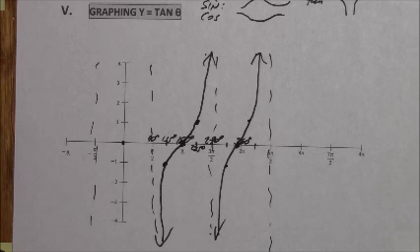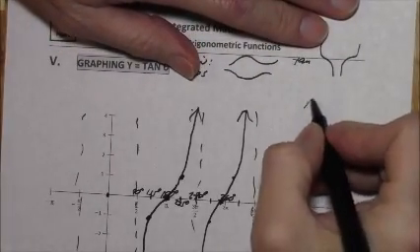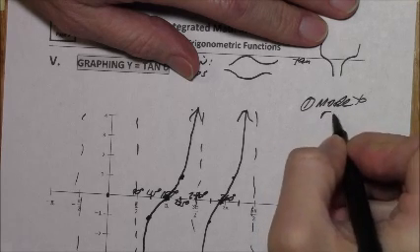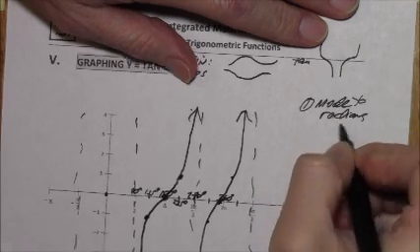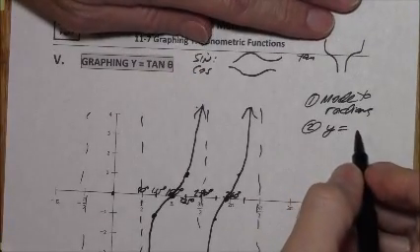In fact, let's go over again how to do these on a graphing calculator. The first thing when you use a graphing calculator, number 1 is to change the mode to radians. Then second, you go to the y equals graphing part and graph it.